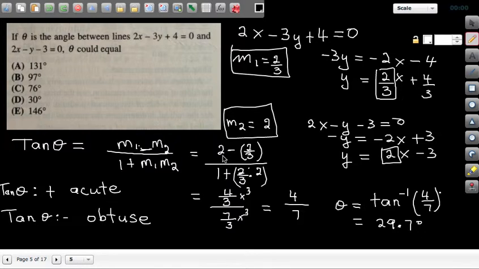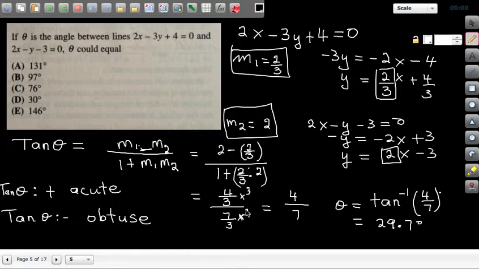So m1, I decided it's going to be 2, minus 2/3, divided by 1 plus 2/3 times 2, and that becomes 4/3. So 3/3 plus 4/3 gives me 7/3. So the top one is 4/3 divided by 7/3.